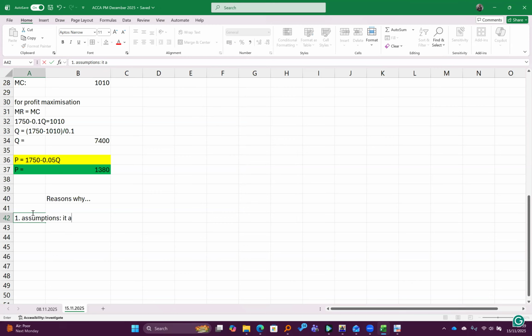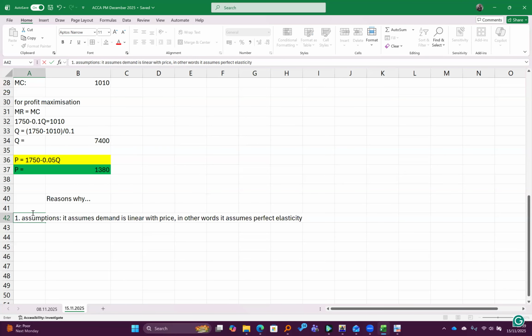So it assumes demand is linear with price. In other words, it assumes perfect elasticity.